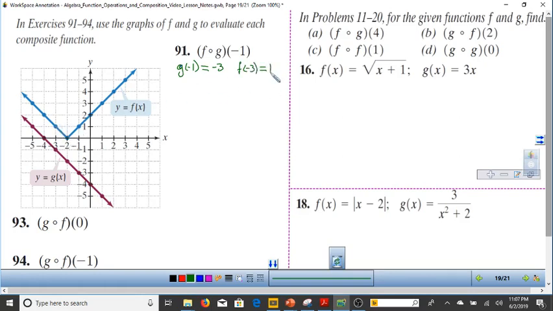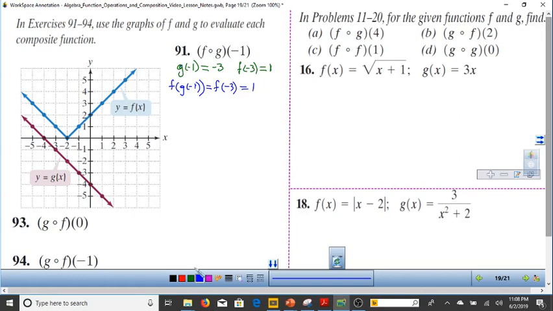That gives you 1. So overall the answer is 1. Basically, for f of g of -1, first we find g of -1, which gives me -3, and then I find f of -3, and that gives me 1.